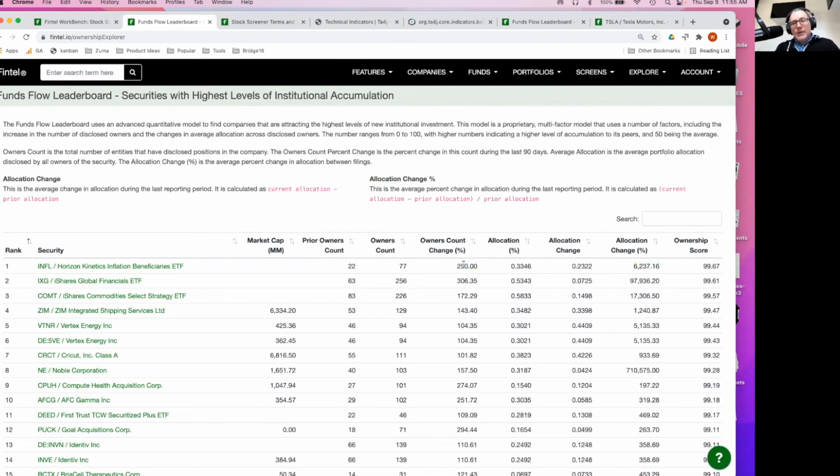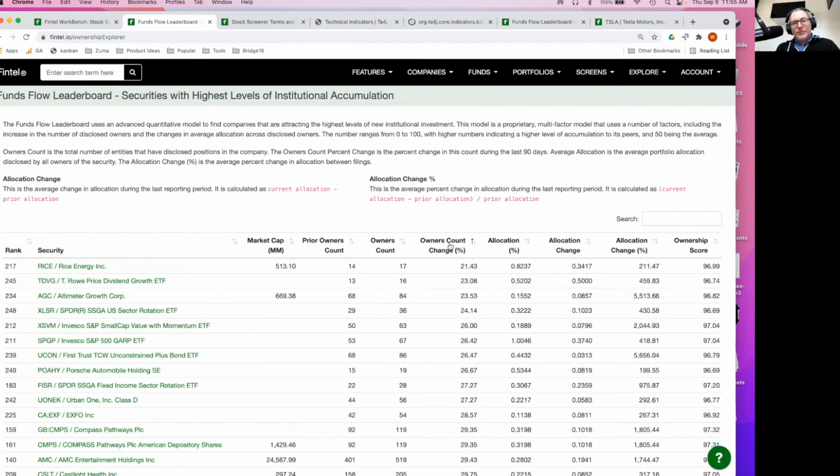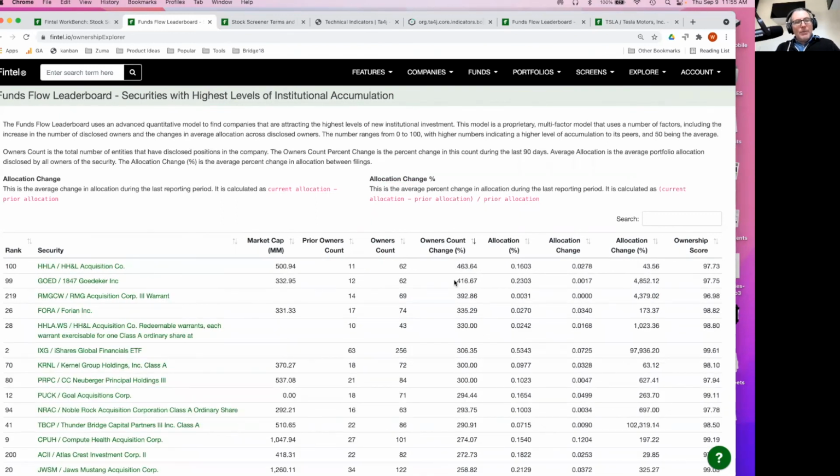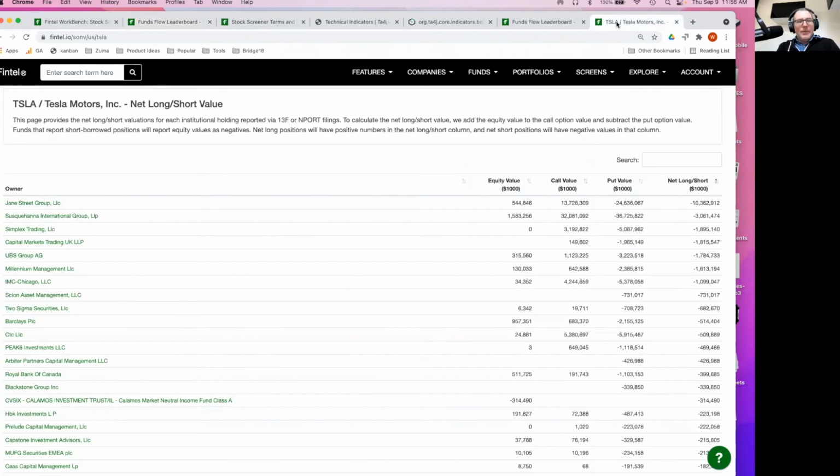Then what we do is force rank these across the entire market. In the case of owner's count, in our ownership database, and none of this is displayed for you, though there are some rankings around here, I'm not going to get sidetracked.